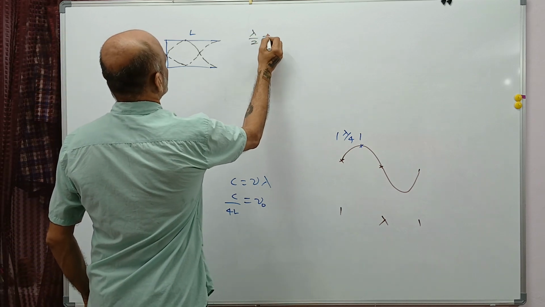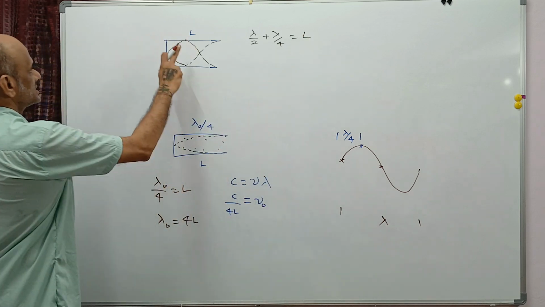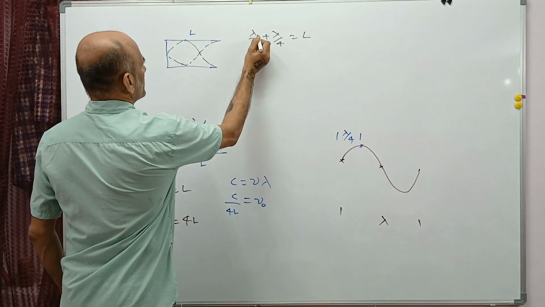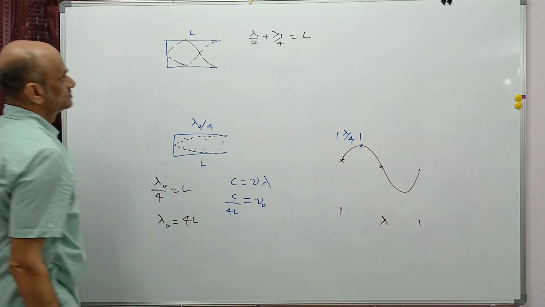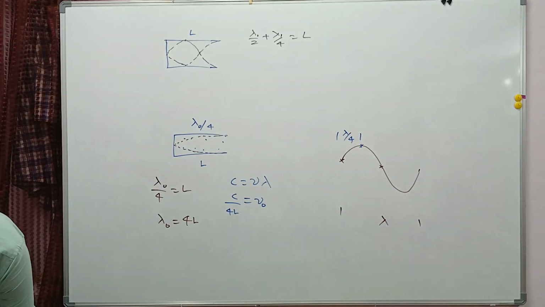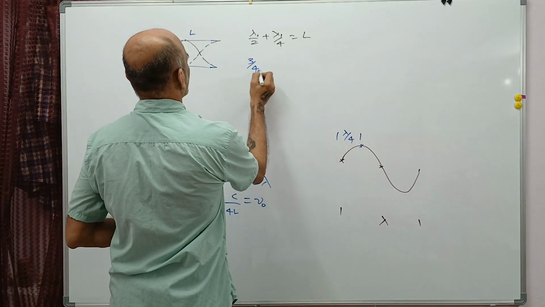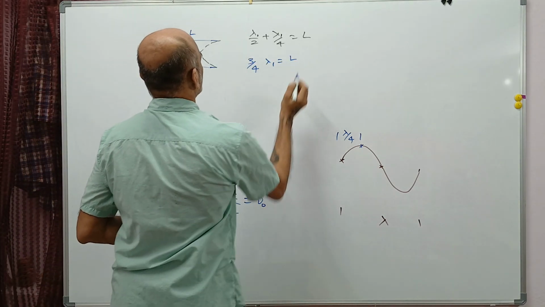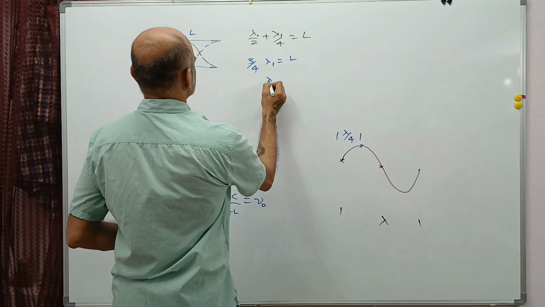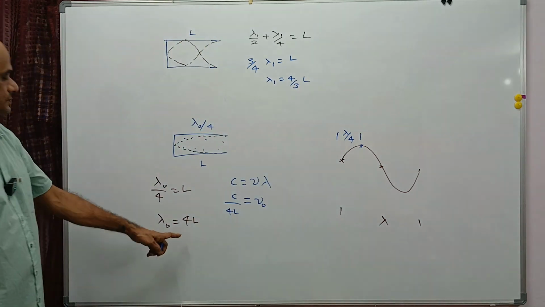So lambda by 2 plus lambda by 4 is L. But this wavelength is different, so we call it lambda 1. So 3 by 4 lambda 1 is L. So lambda 1 is 4/3 of the length. Lambda naught is 4L.